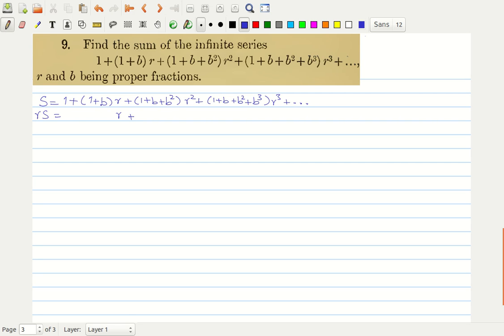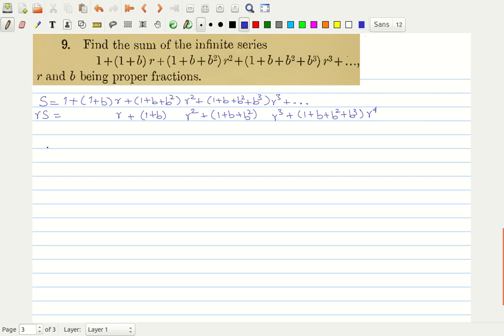This becomes (1 plus b) times r square, so we will write (1 plus b) r square, plus this becomes (1 plus b square) times r cube, and this goes (1 plus b square plus b cube) times r to the power 4, and so on, right?